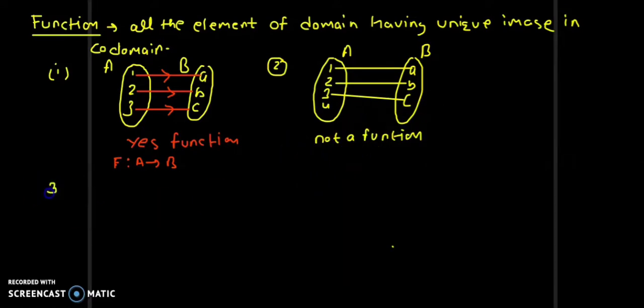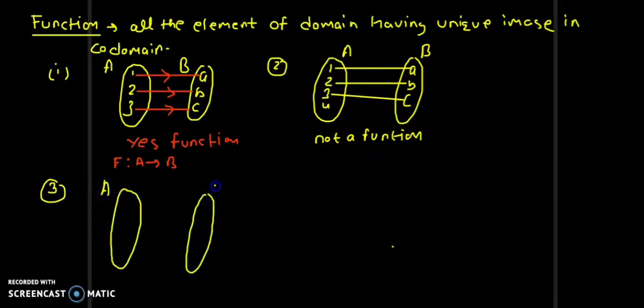Third example: suppose set A is 1, 2, 3, 4 and set B is a, b, c, d. Here 1 goes to a, 2 to b, 3 to b, 4 to c.